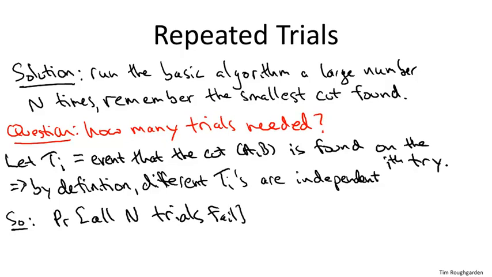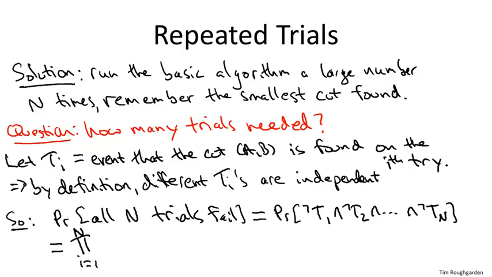So the probability that all of these things happen is just the product of the relevant probabilities. So the product from i equals 1 to capital N of the probability of not T_i. Recall that we argued that the success probability of a single trial was bounded below by 1 over n squared. So the failure probability is bounded above by 1 minus 1 over n squared. So since that's true for each of the capital N terms, we get an overall failure probability for all capital N trials of 1 minus 1 over little n squared raised to the capital N.